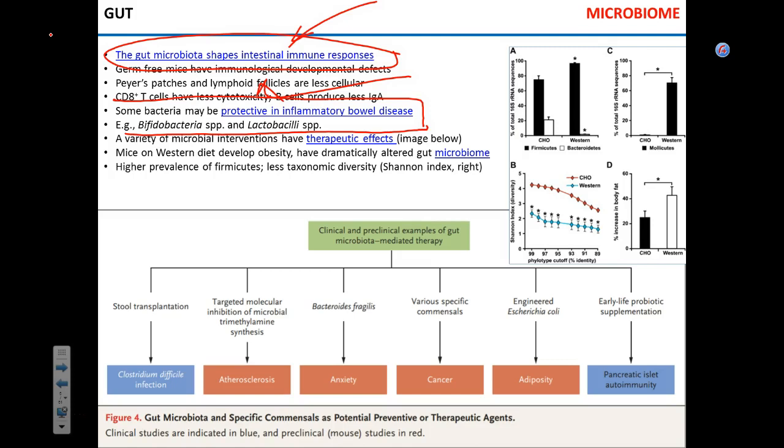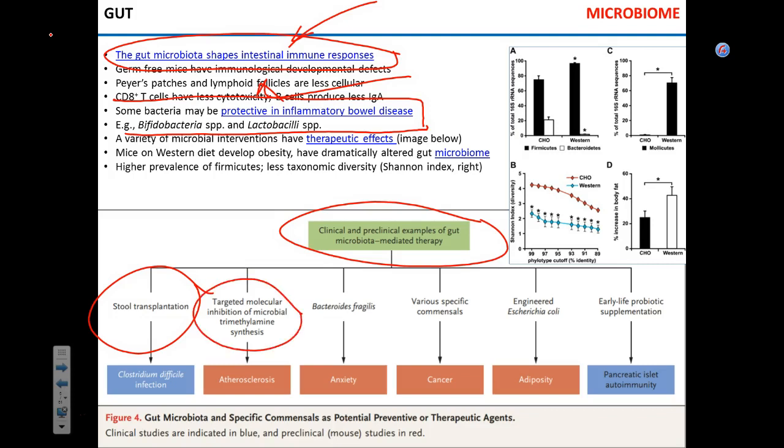Okay, so far, there are several studies showing the role of gut microorganisms in different clinical syndromes. For instance, I mentioned before stool transplantation as the way to treat Clostridium difficile infection. This is pretty common.